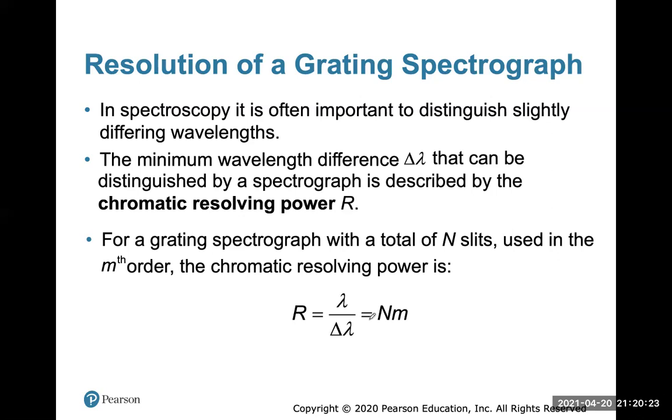Notice that it depends on M. It depends on the order of the interference maximum that we're looking at, which I suspect has something to do with that little digression we made about the maxima in the interference pattern aligning better with our integer pi intuition as the order increases.